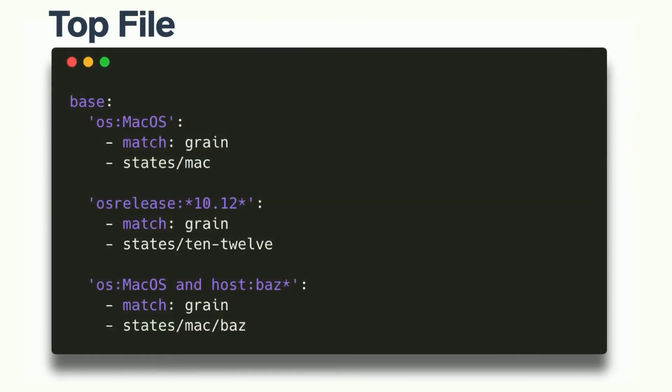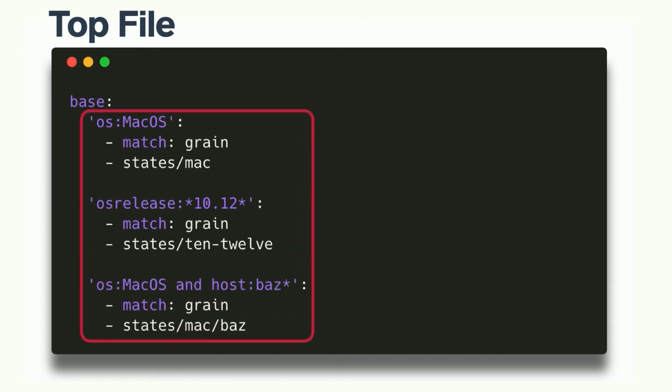But let's say we had the same top file but no environments. Salt doesn't just stop at the first one. So say we had a Mac that was on 10.12, it would run both of these. But if that Mac that was on 10.12 had a host name that has Baz in the name, then it would get all of the above states.